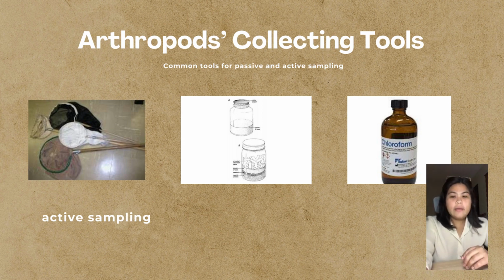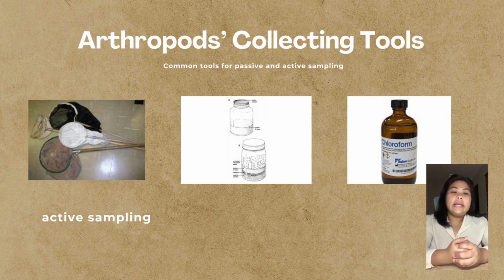Next, the third one is the chloroform that we used in our laboratory experiment, which is the killing agent to put in the killing jar. Liquid killing agents are prepared in two ways.